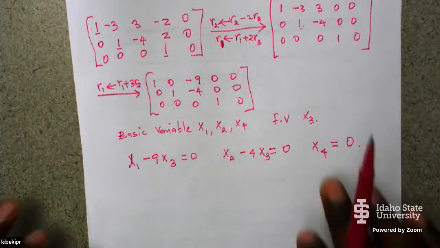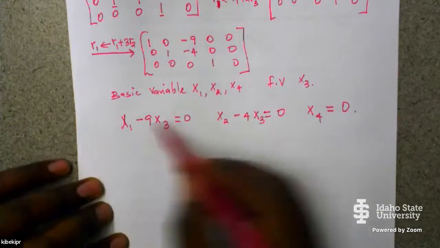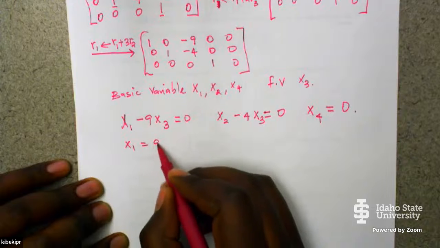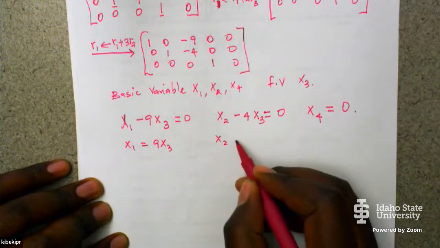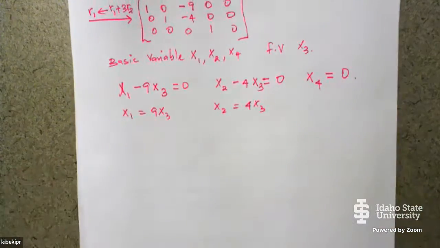All right. So this is our new linear system. So we take these values to the other side. So x1 equals 9x3, x2 equals 4x3, and x4 is still the same, which is 0.